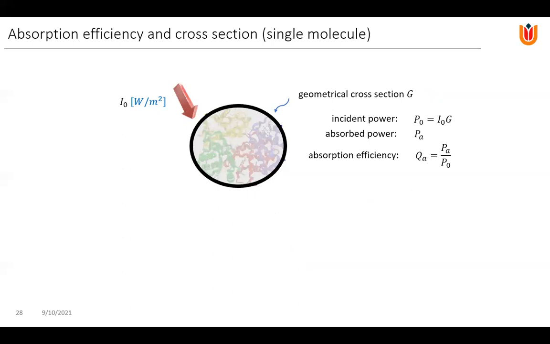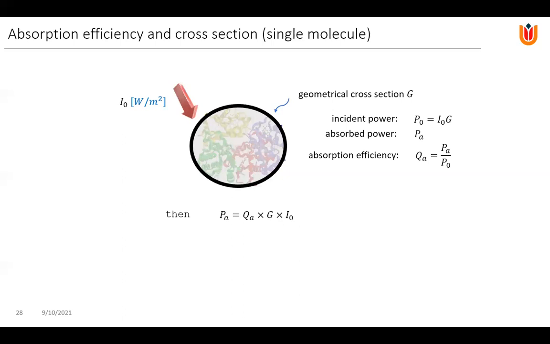This is just reiterating the equations that we have. Now let's manipulate a little bit further. We can then also give an expression for the absorbed power itself. We can define that as QA times the geometrical cross section G times I0.